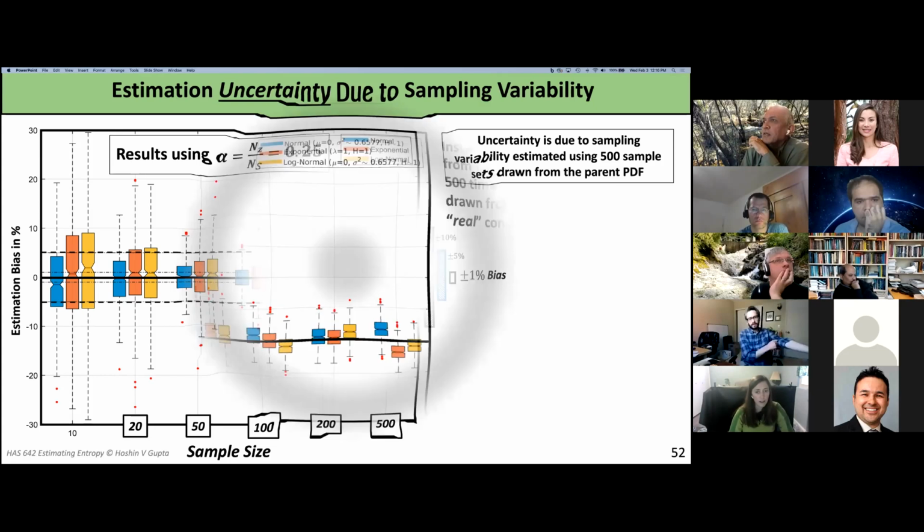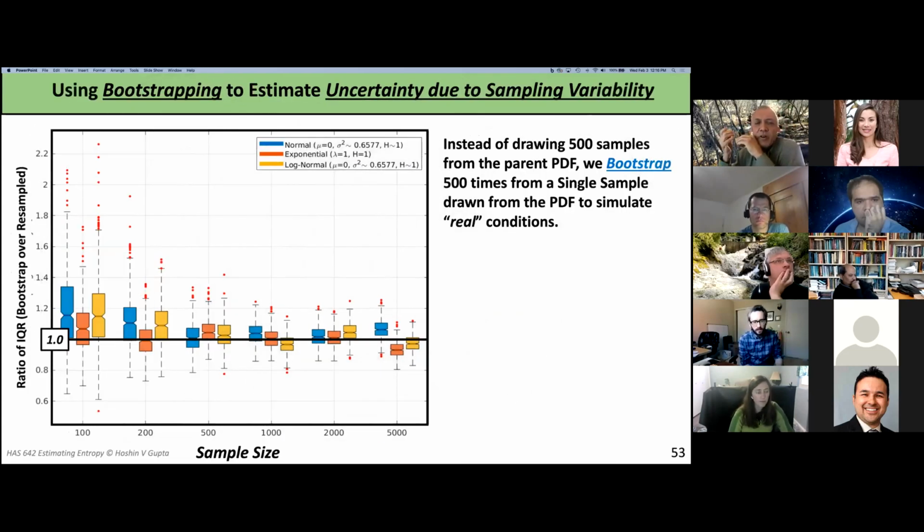Right, so now I'm drawing the samples from the sample set, not from the parent distribution. Have you compared this to bin counting or any other methods? No, and that's what I was proposing to Praveen: if you're going to use bin counting, get a little bit smarter and bootstrap, and then estimate your probabilities by bootstrapping. Don't just use a single count. We haven't done that comparison.